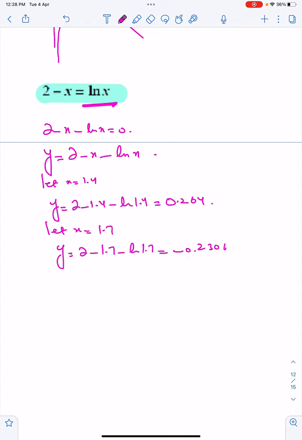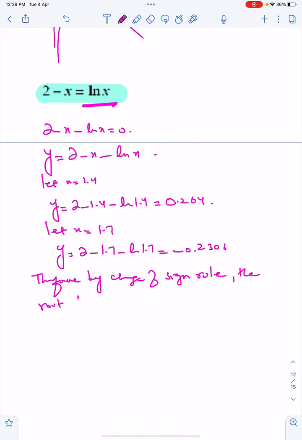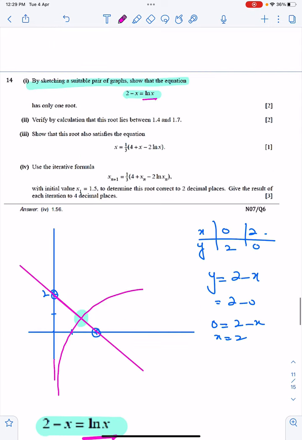Okay, you can write therefore, by change of sign rule, since the sign is being changed, that means we know that the root lies between 1.4 and 1.7. Okay, so we're done with the second part also.